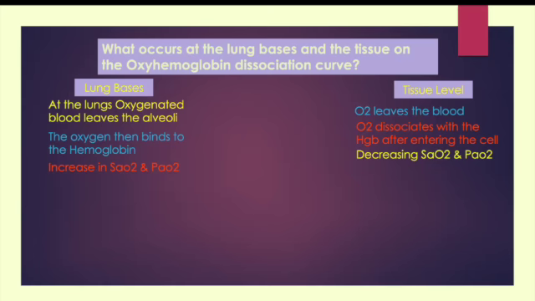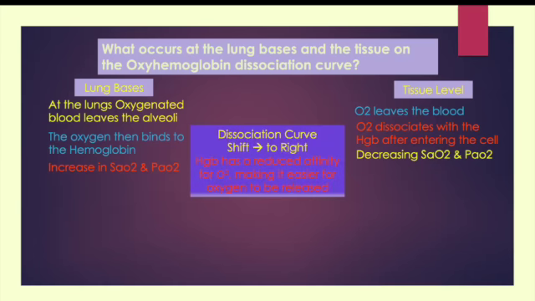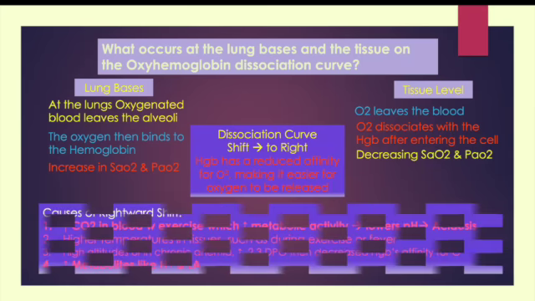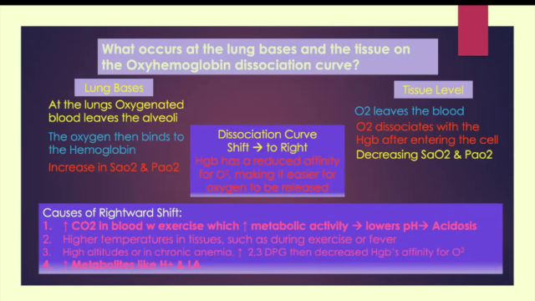Acidosis, shift to the right. But let's look at the lung bases. So during normal pH at the lungs, there is oxygenated blood that is left with the alveoli. So we breathe in, and the alveoli absorbs all our oxygen from our breath. The oxygen then binds to the actual hemoglobin.